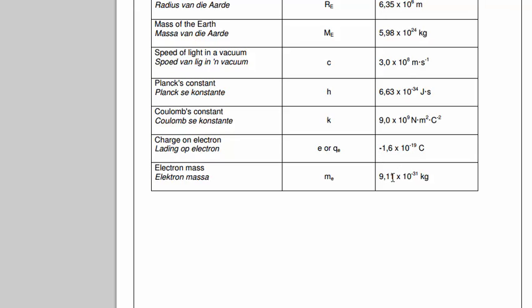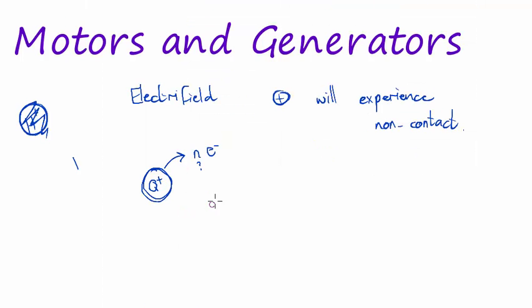In other words, charge is almost a measure of how many electrons, or lack of electrons, you have. If I gave away 2, I'll just multiply this by 2. If I gave away 8, I'll multiply it by 8.